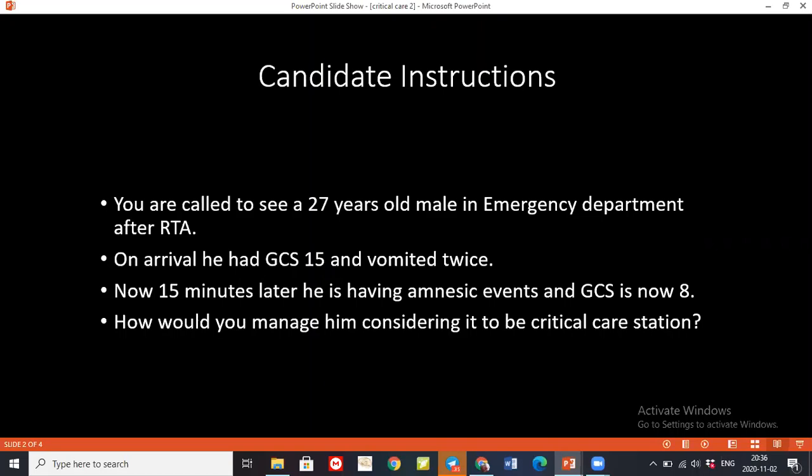If the patient is not intubated, there would be aspiration, and also inadequate ventilation, because there would already be a raised intracranial pressure, which would result in a herniation.